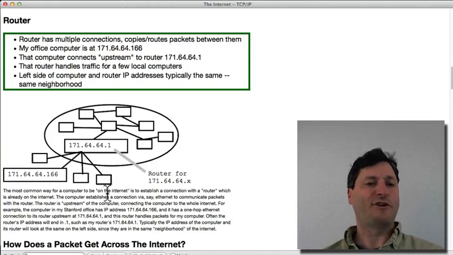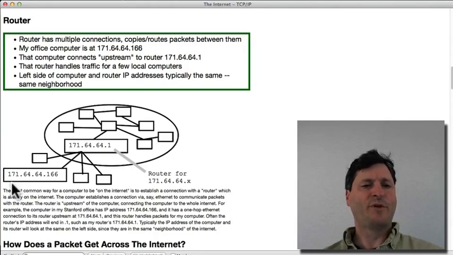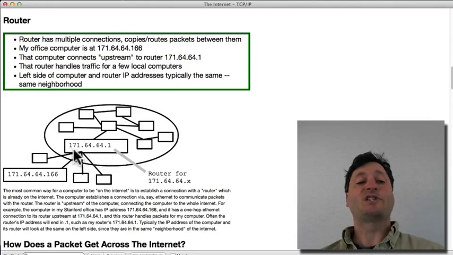If we look at my office, here's my computer, 171.64.64.166, and my computer is connected upstream to a router, 171.64.64.1. Essentially my computer gets its internet service through this router. This router provides service for my computer.